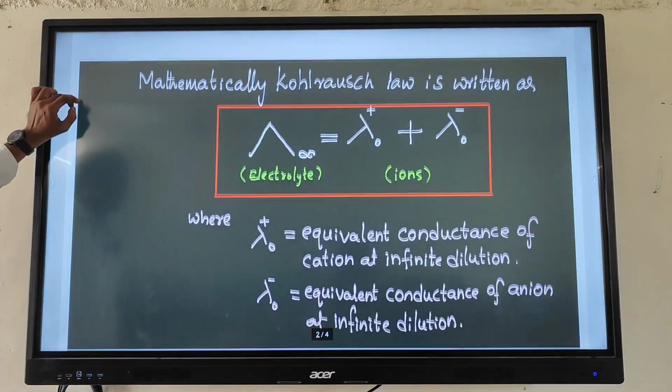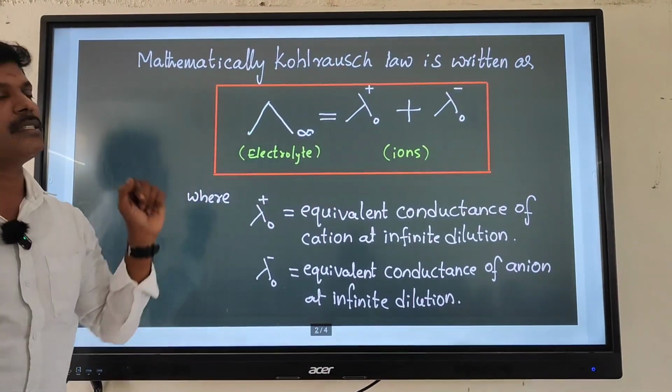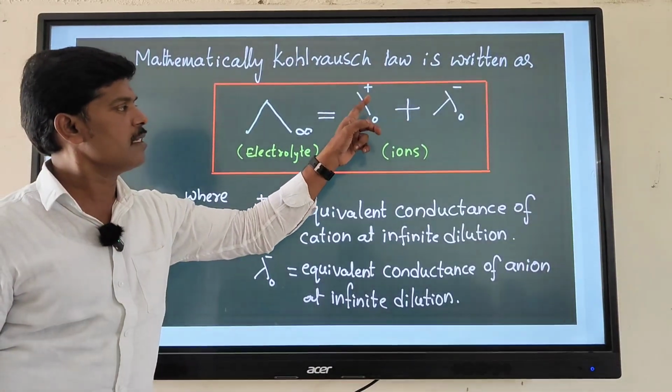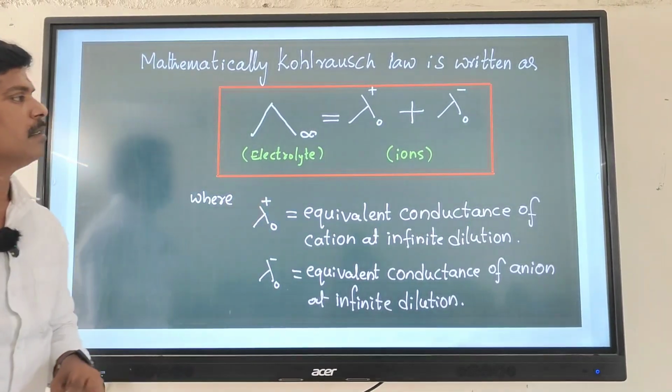So mathematically Kohlrausch law is written as lambda infinity is equal to lambda naught plus plus lambda naught minus.